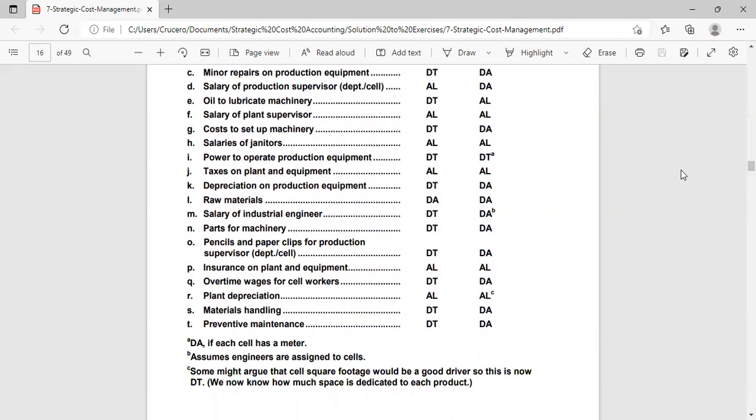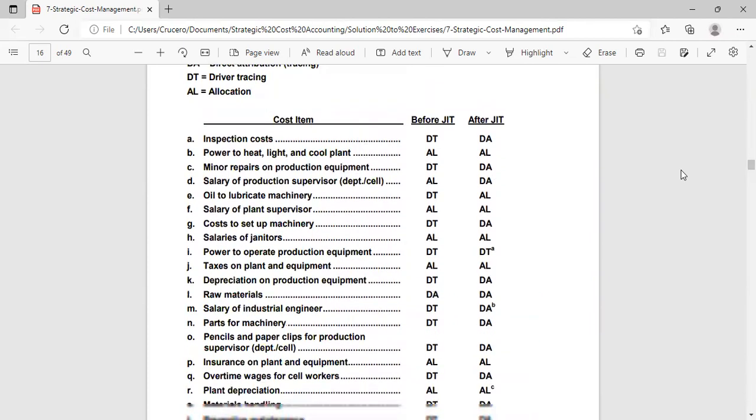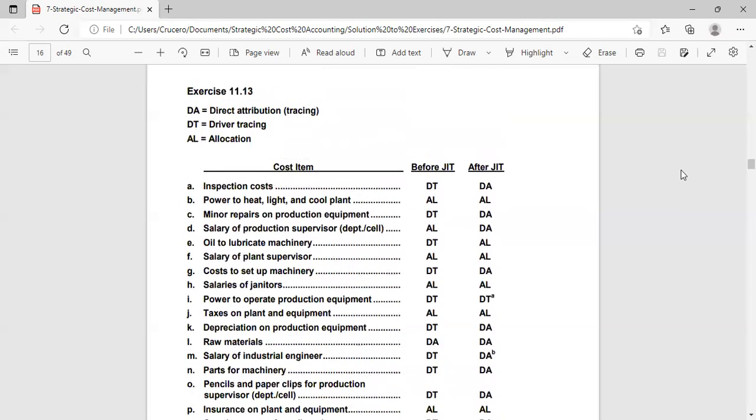And C, some might argue that cell square footage would be a good driver so that this is now DT. We now know how much space is dedicated to each product. So we now have DA for direct attribution, DT for direct tracing, and AL for allocation. So again, DA, DT, and AL before and after JIT.